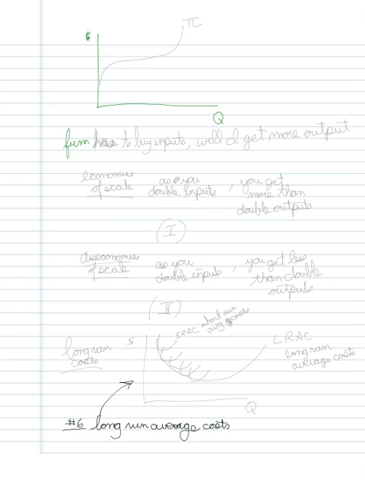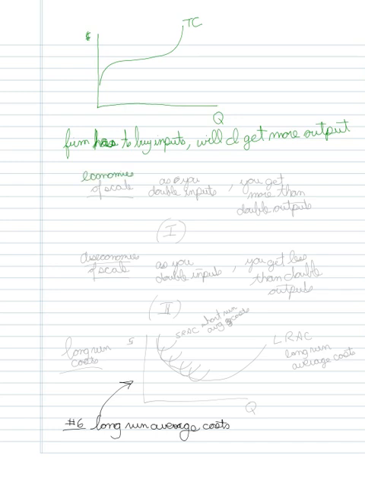And if the firm has to buy inputs, and here's my total cost, it wants to know if it'll get more outputs, because the outputs is what it's going to sell. Which then basically creates for us two regions, an economies of scale region and a diseconomies of scale region.